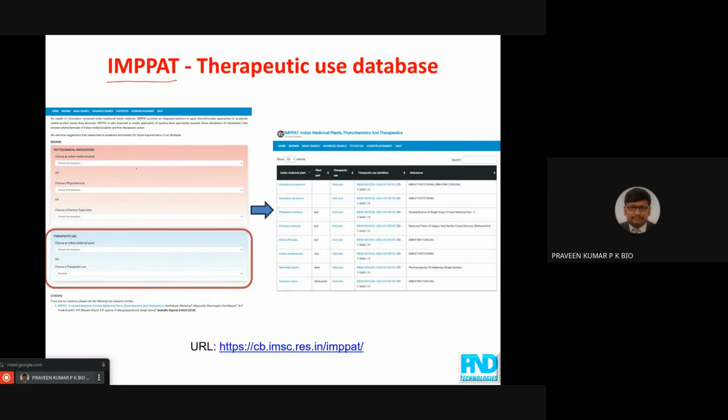The compounds' interacting genes information is available, and even diseasome networks, like what diseases the plant is used to treat. You can see all this disease information from this IMPPAT database.